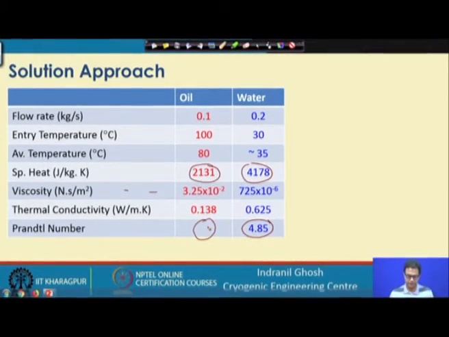So, now with these values, let us estimate the exit temperature of the cold fluid.